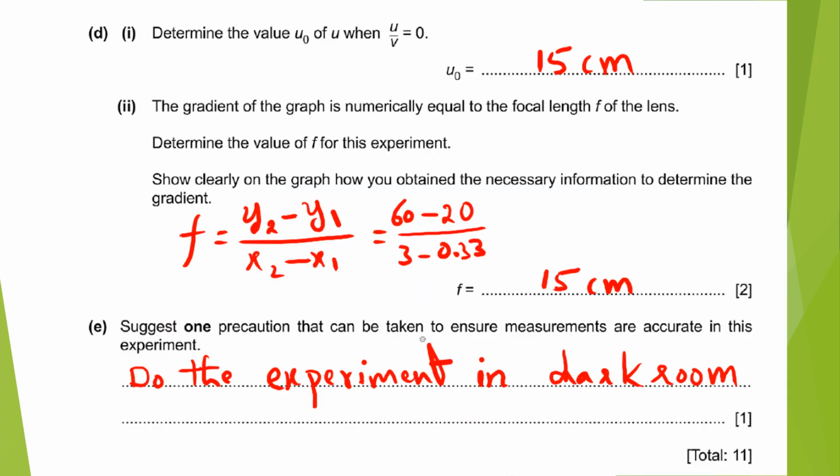Determine the value u naught of u when u by v is equal to 0. So when u by v is 0, the value on the y-axis is not 0. In this situation, when u by v is equal to 0, there is one value on the y-axis, that is, by extrapolating the graph on the y-axis, it cuts the y-axis at a particular number.